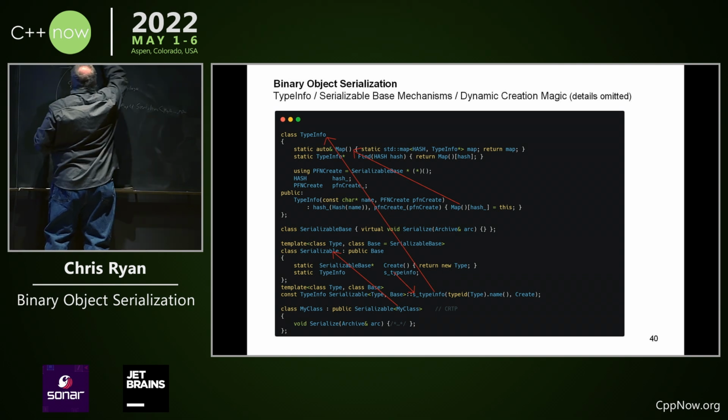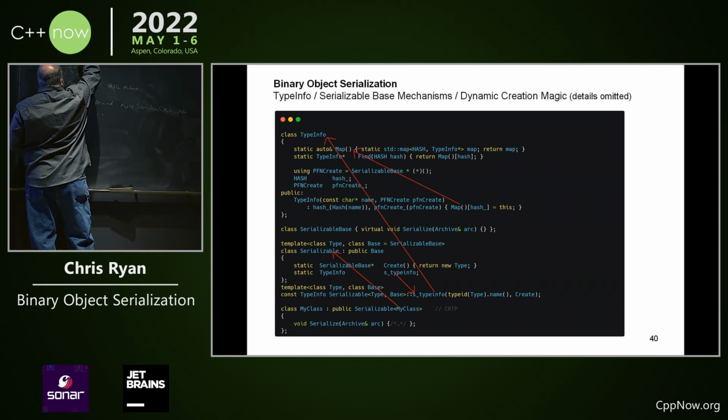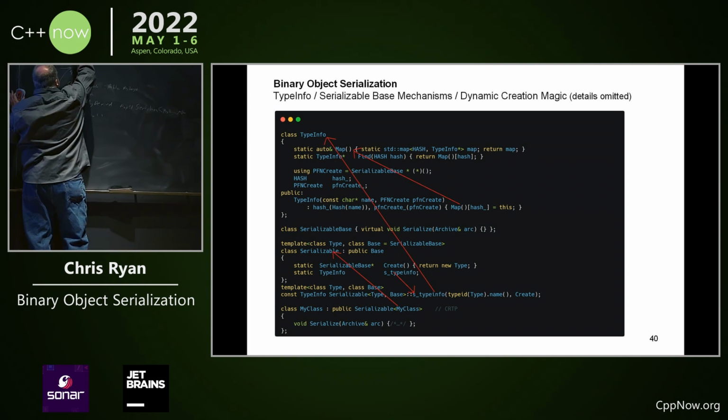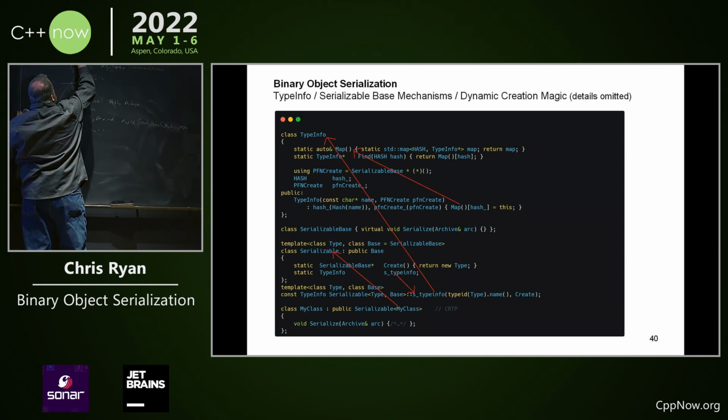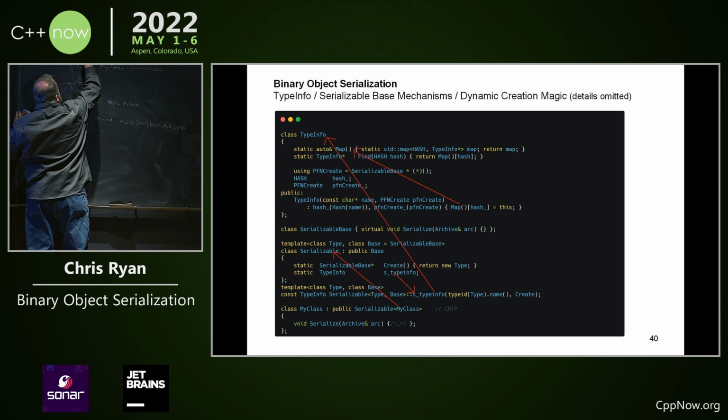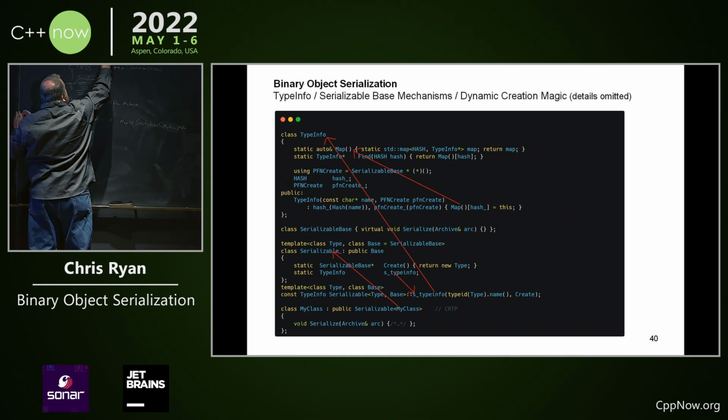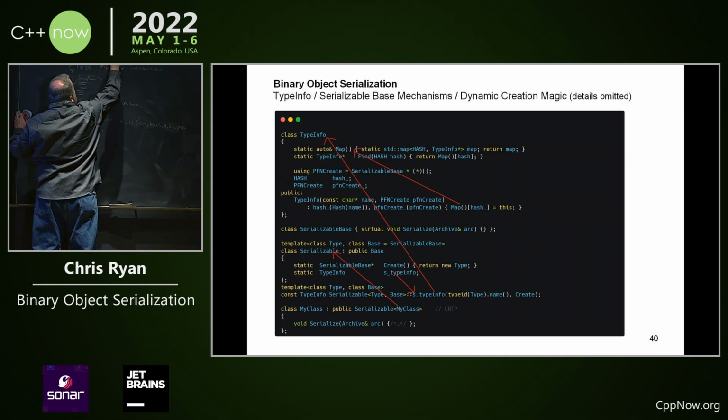my base, which would then have class serializable base, which has a virtual serialize function in it.